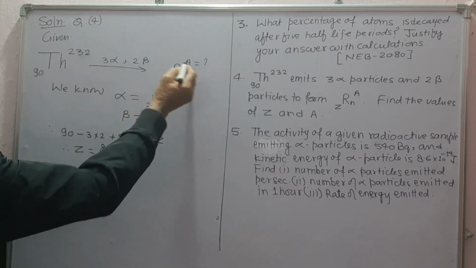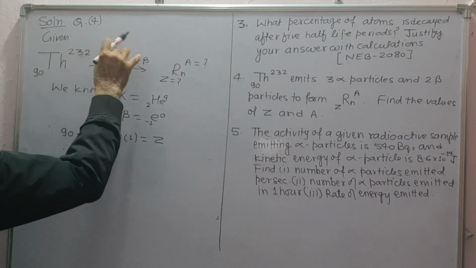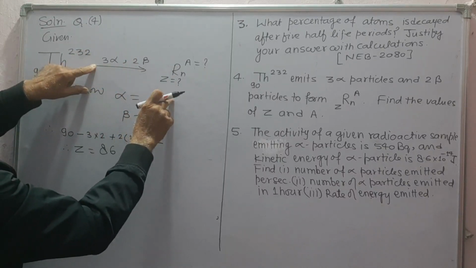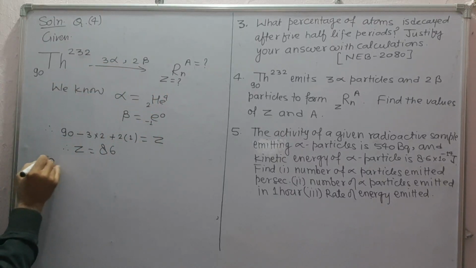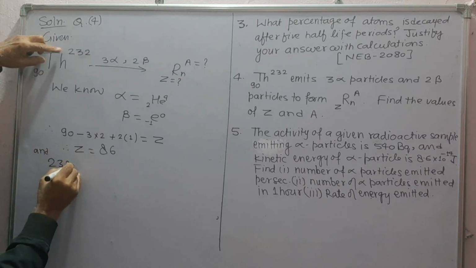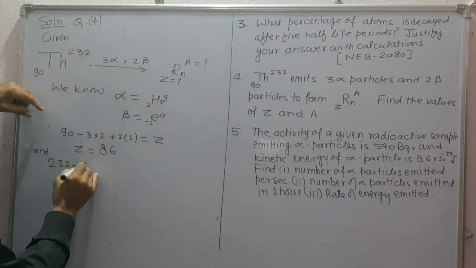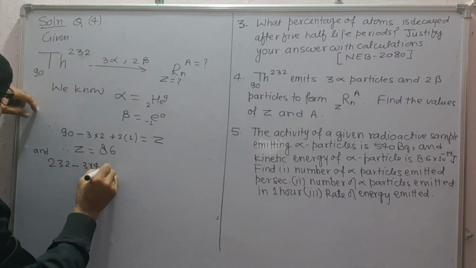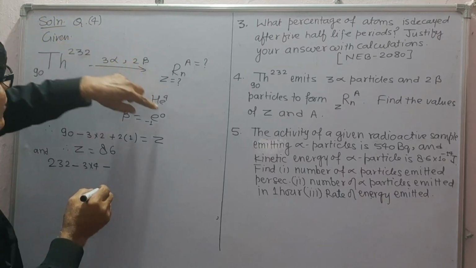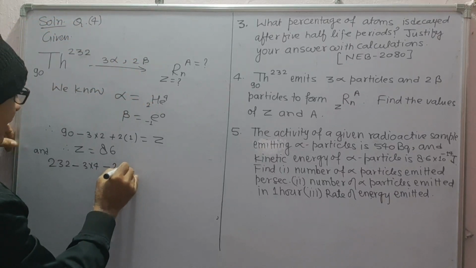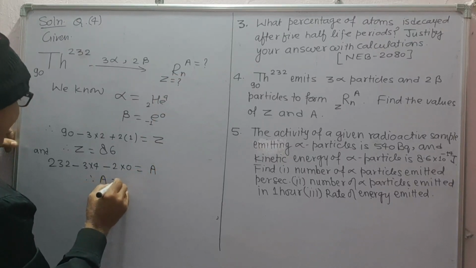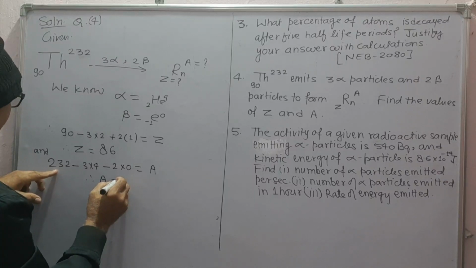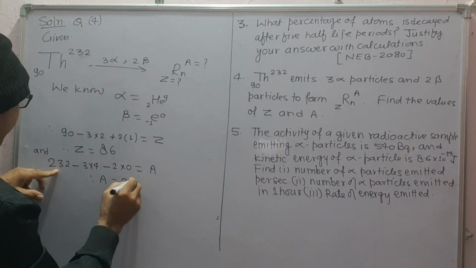Similarly, 232 minus 3 into 4 minus 2 into 0 will be equal to A. Therefore, A will be equal to 220.